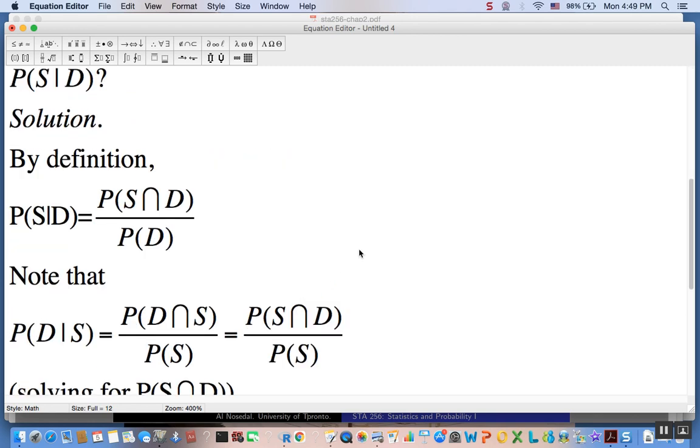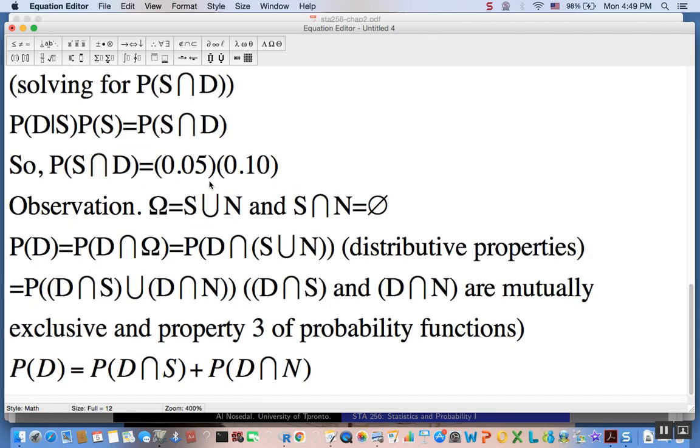So we apply the same trick that we applied for the probability of the intersection between S and D for the probability of the intersection between D and N. Right? And we are done.